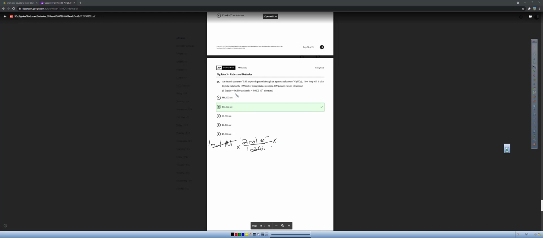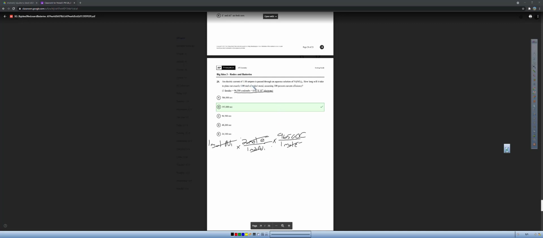Now they tell me this right here. So 1 mole of electrons is going to contain 6 times 10 to the 23rd electrons, which is equal to 96,500 coulombs. And we're going at 1 amp.